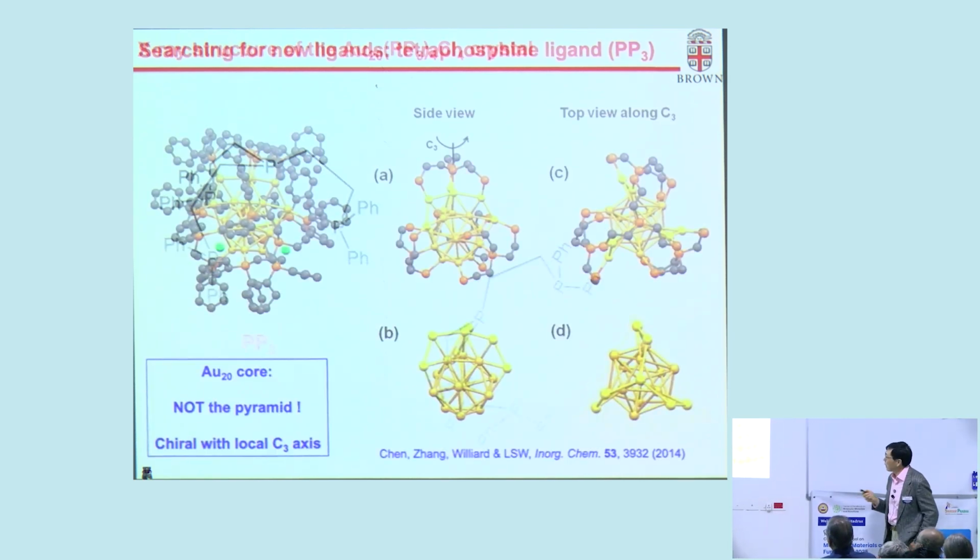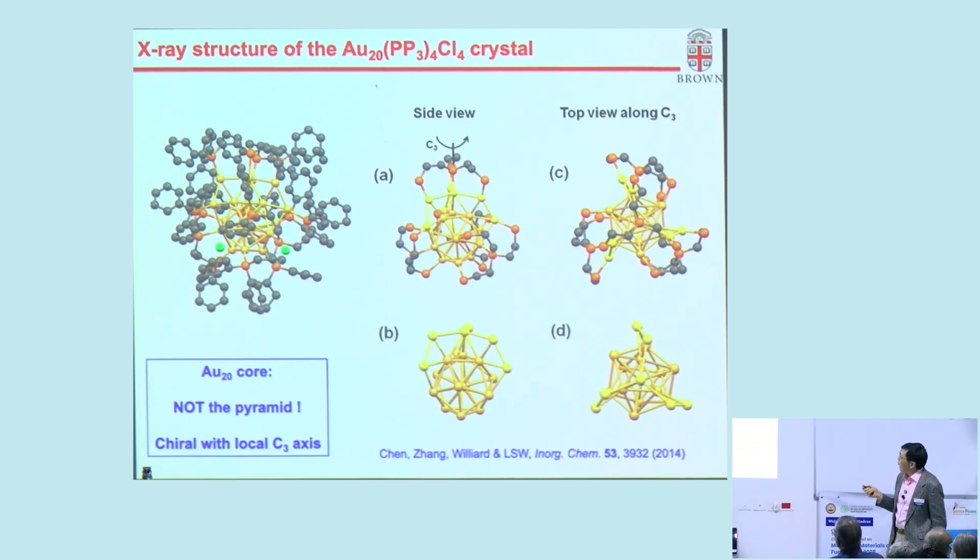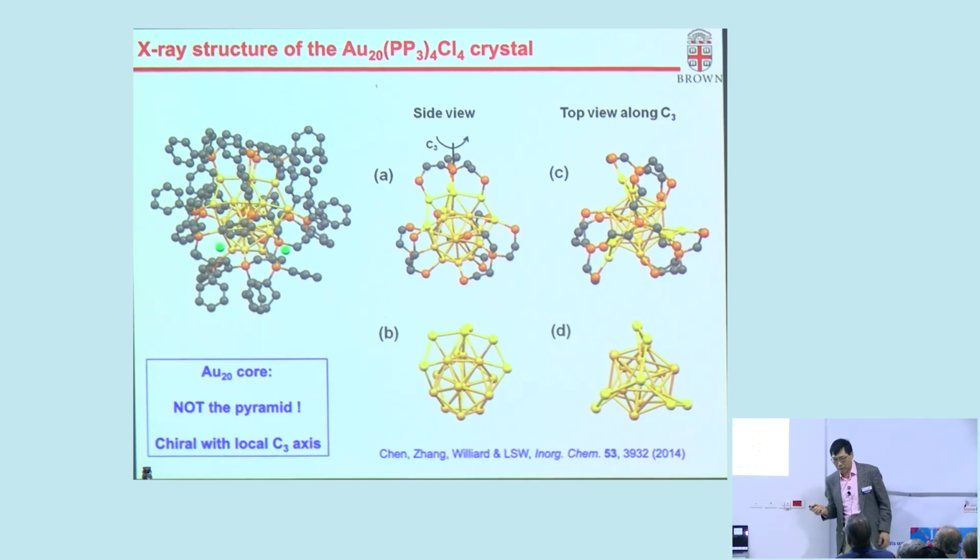We got this ligand, found a very high yield synthesis, and made a 4-ligand coordinated gold 20. We actually made gold 20. When I saw the mass spec, I was very excited. I said, okay, we have made this baby.